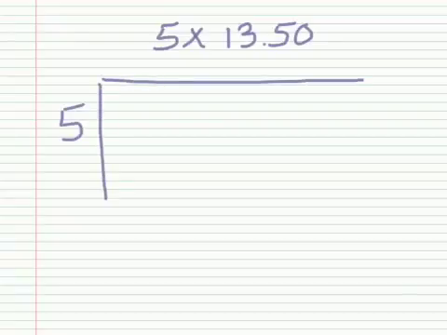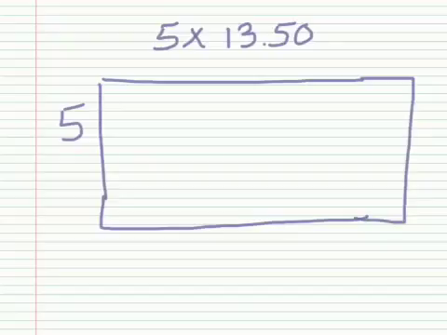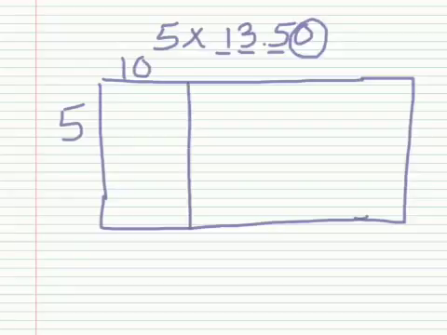Give myself a little bit of room, because again, my stylus does not always write the best. So, I've got 1, 2, 3 place values. I'm not going to count this one because it's a 0. So my first one is actually a 10. My next one's going to be a 3. And the next one is going to be a 0.50.